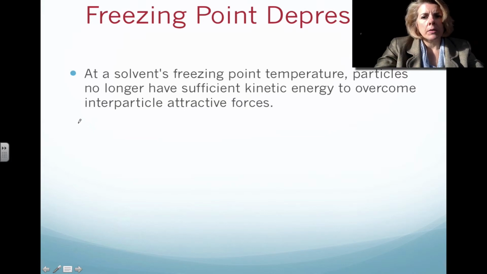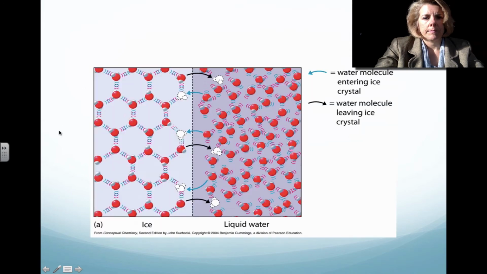So here, when you add particles to a substance, the attractive forces weaken. So here we have water molecules, and this is a dynamic system. Notice that an ice cube actually fluctuates between ice and liquid water. It's not all one way.